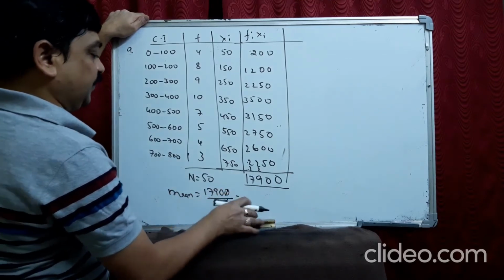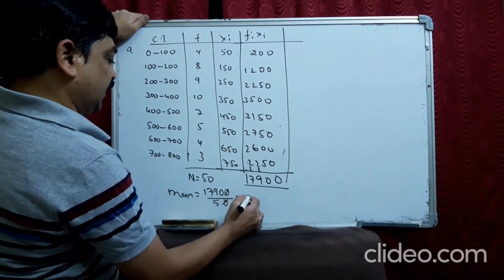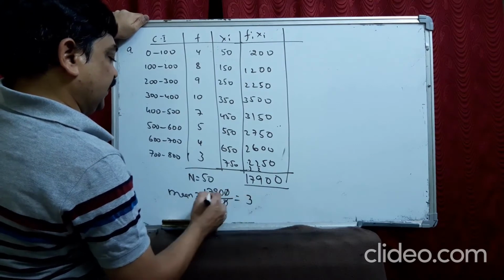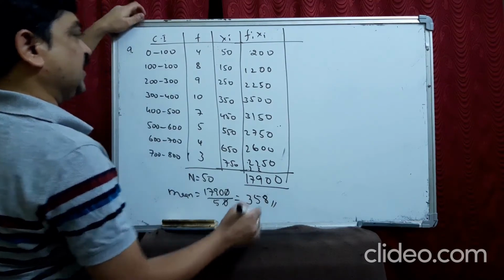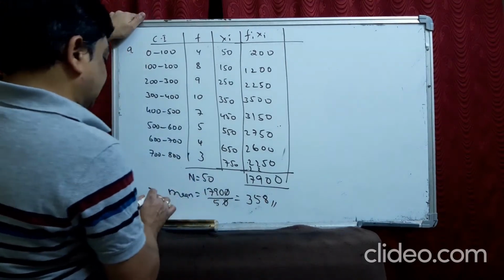It becomes 358 is the mean. So x bar is 358.